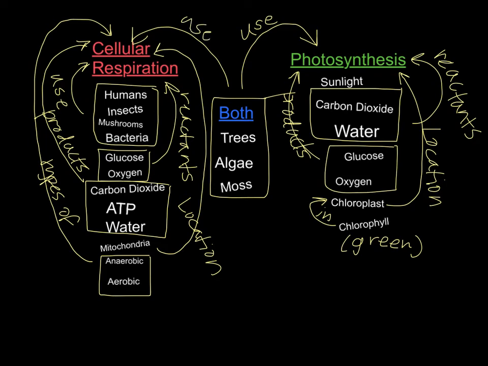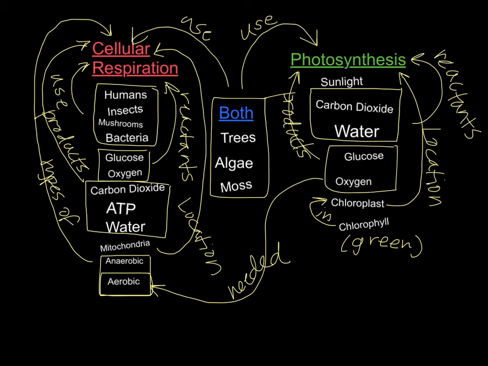Okay, so they have to do both. Some other good connections, connecting oxygen with aerobic. Oxygen is needed for aerobic respiration. Okay, aerobic respiration means it needs oxygen. Anaerobic does not need it.